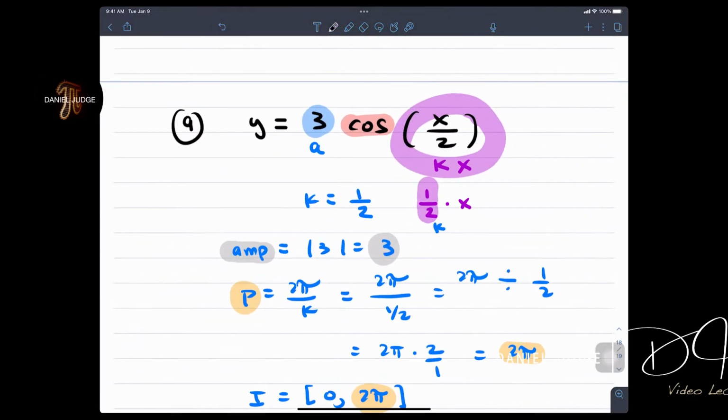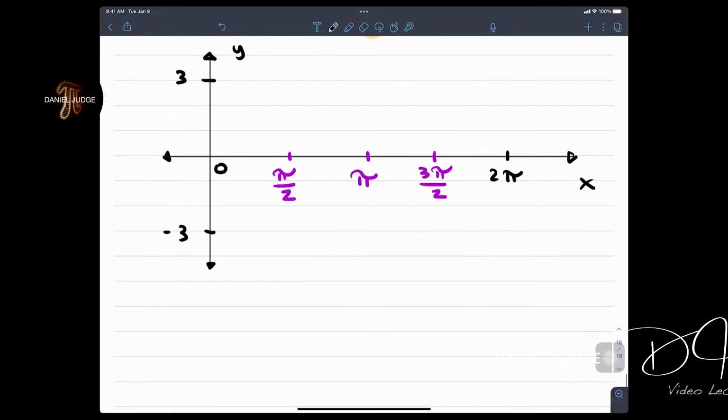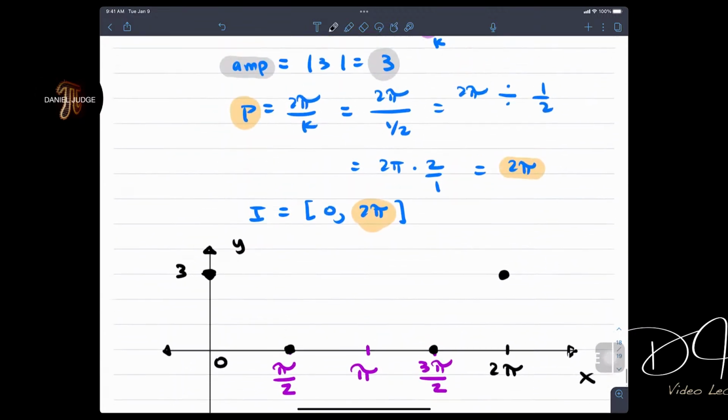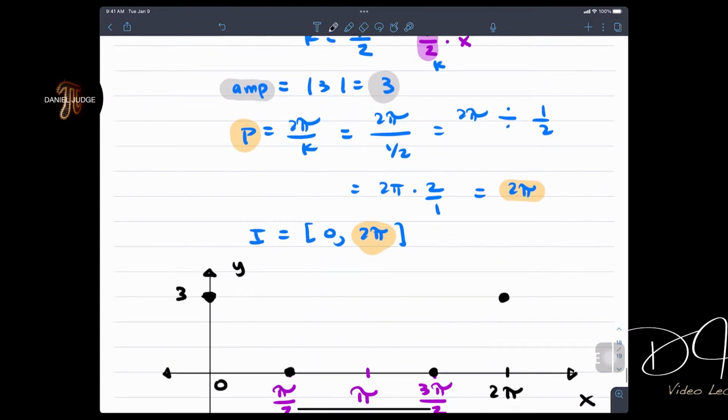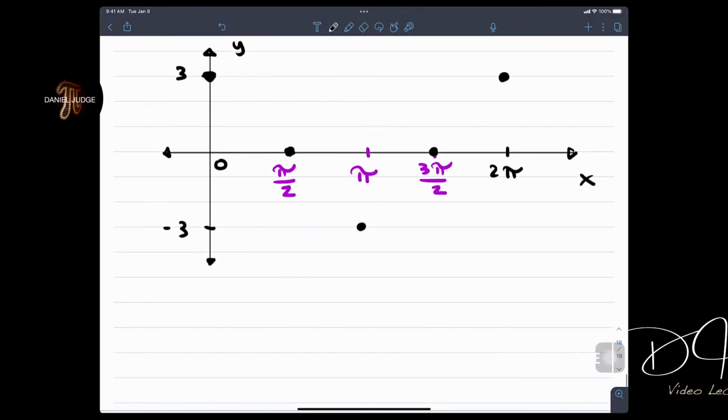Cosine behaves starting out at the maximum value. And then it comes down to the x-axis, and then it goes to the minimum value, it goes back to the x-axis, and then it's at a maximum value again. So you have to know the cosine curve, ladies and gentlemen. Okay? So now we get to sketch very easily.